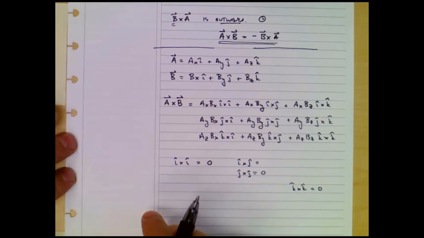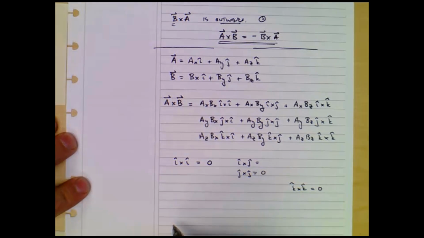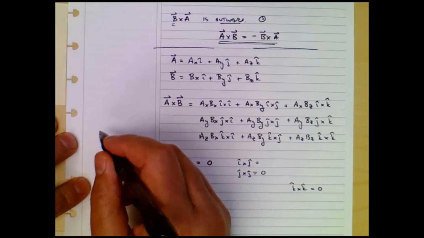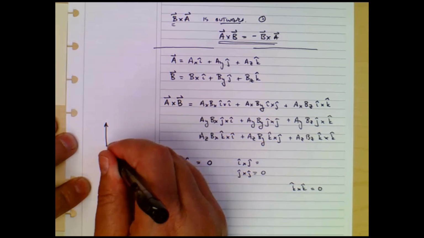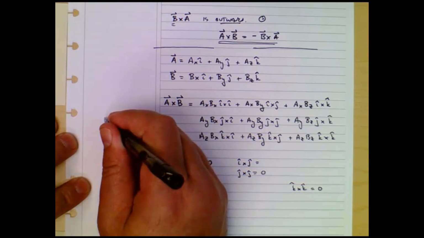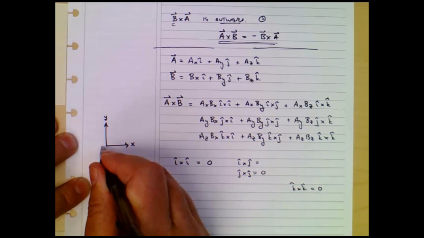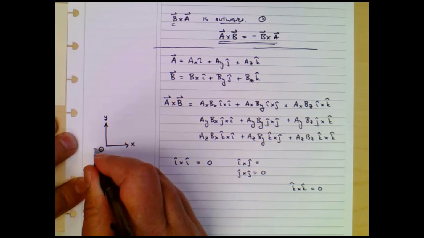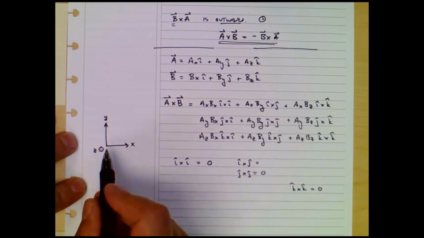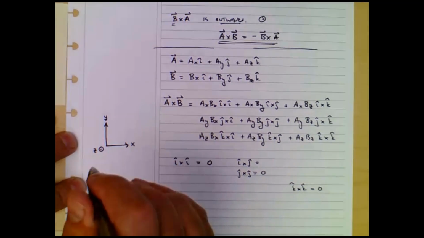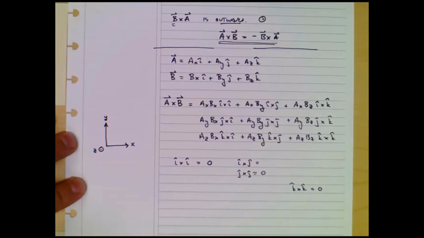For this, in order to evaluate this visibly, I think it would be helpful if we said, here's the x-axis, here's the y-axis, and here's the z-axis, pointing up out at you. And we need to recognize that, really importantly, this is the proper orientation and not z going down.